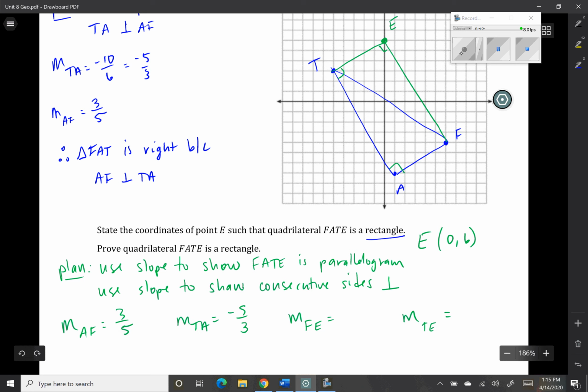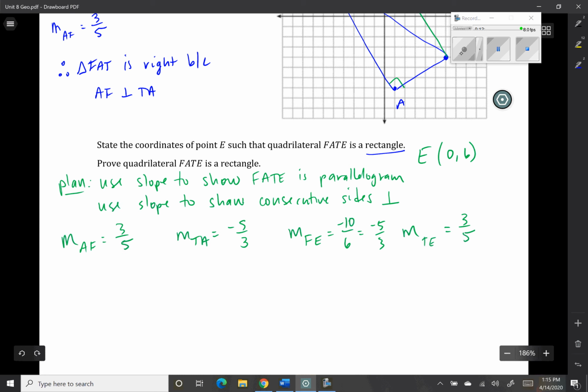So EF has a slope of down 10 to the right 6, which reduces to negative 5 over 3. And TE has a slope of up 3 to the right 5. So if you look, AF and TE are the same slope. TA and FE are the same slope.